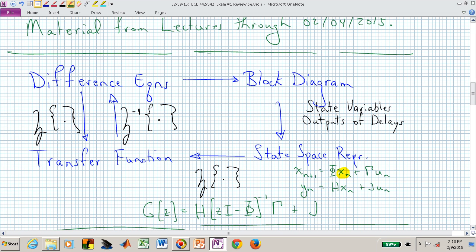But going from a transfer function to a state space is not as immediate, but you could chase your tail and get there by going a little bit further around in this block diagram. You could go to a difference equation, go to a block diagram, and now you've got a state space if somebody gave you a transfer function. And that's the reason why I've put some of these arrows in just one direction.